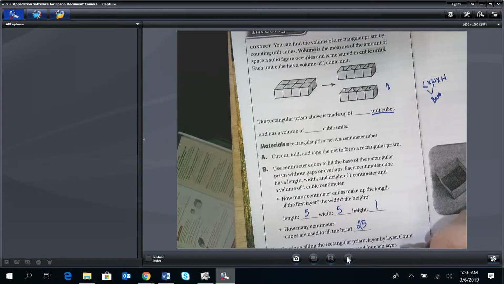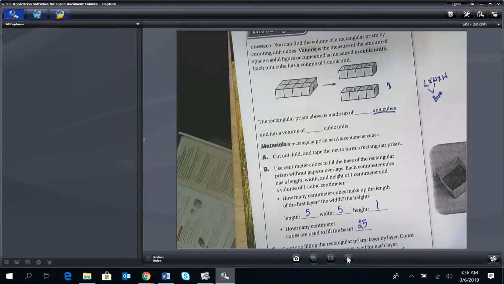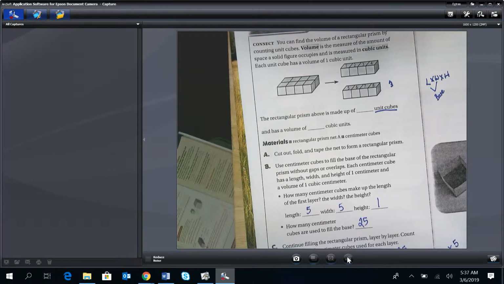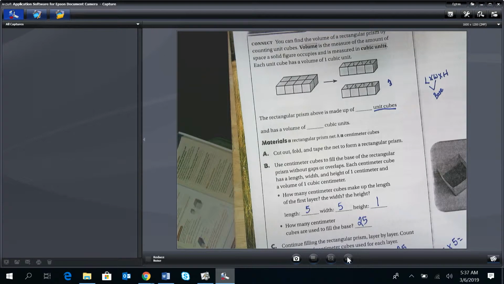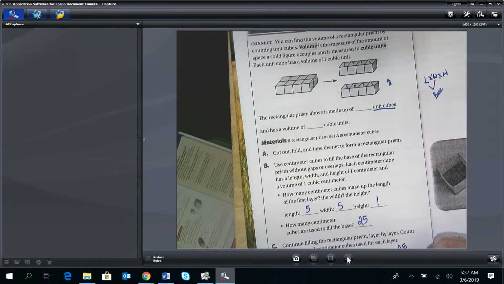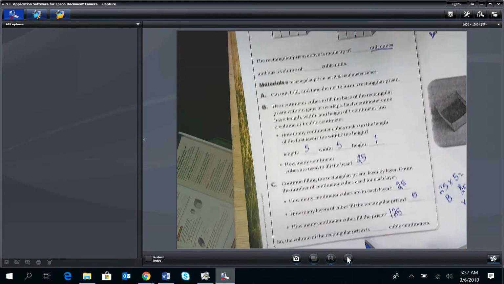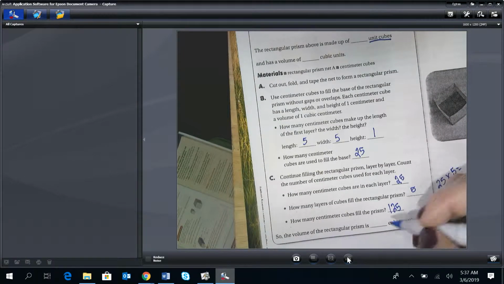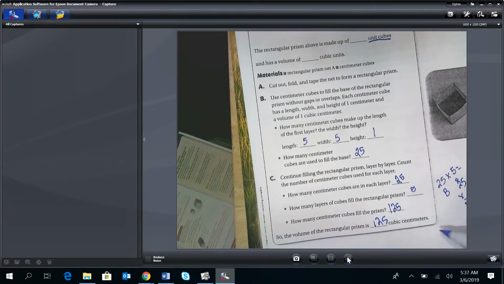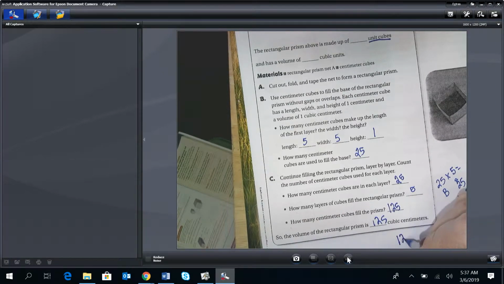Well, this would be my base, so 25 would be my base times 5, my height, and equals 125. So the volume of the rectangular prism is 125 cubic centimeters. Or we could write it cubed.